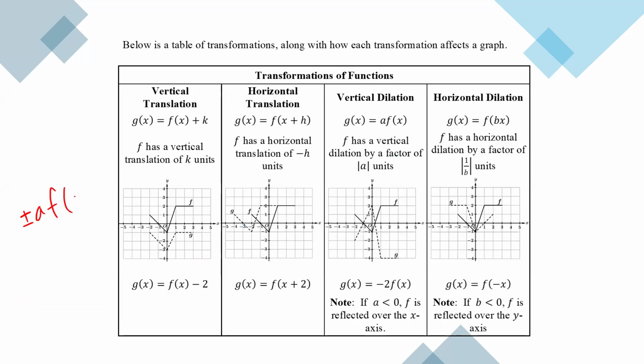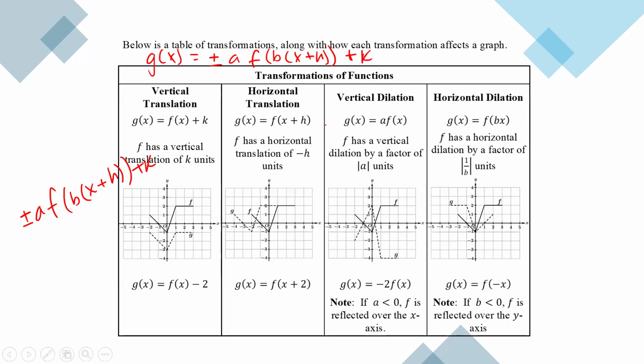On the inside, that's going to be your B times your X plus your H, and then your K. Let me write it across here. So g of x can equal plus or minus your A, your f times b of x plus h, plus your k.